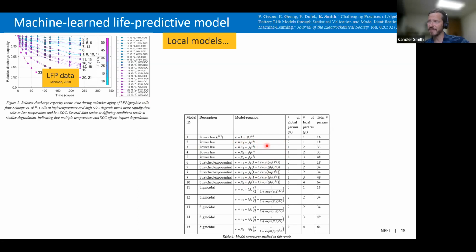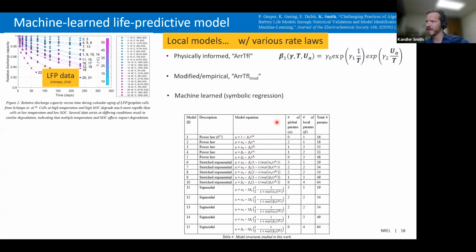You can make it a function of operating condition as well. So maybe if we see at different temperatures and states of charge that the exponent varies, we could let that vary. And so it's pretty easy in your fitting code to just try out 15 different models pretty quickly. Of course, you get more and more parameters as you go to these higher order models.